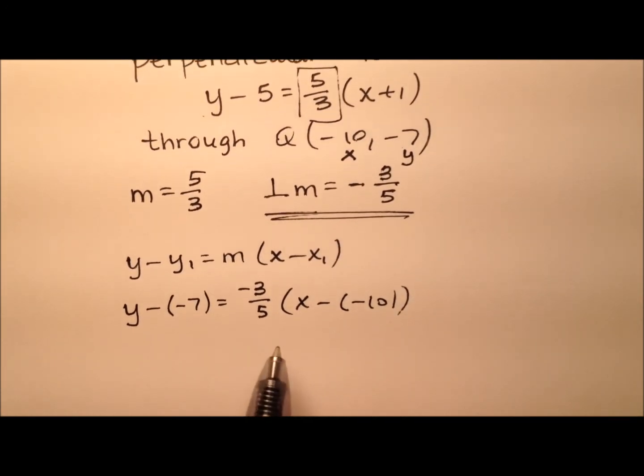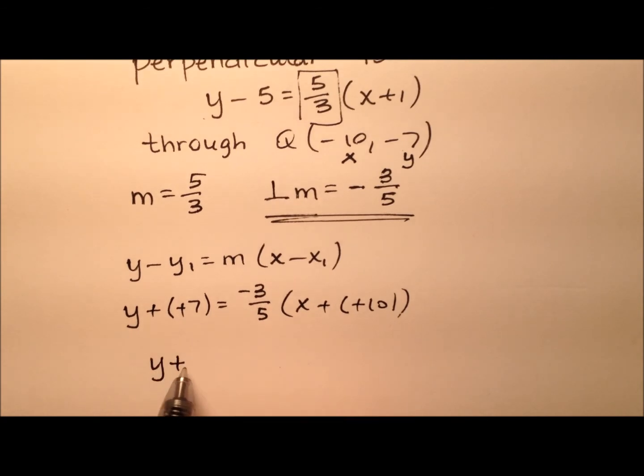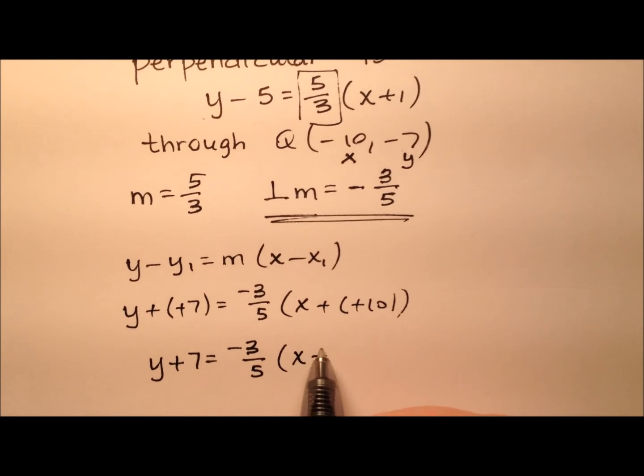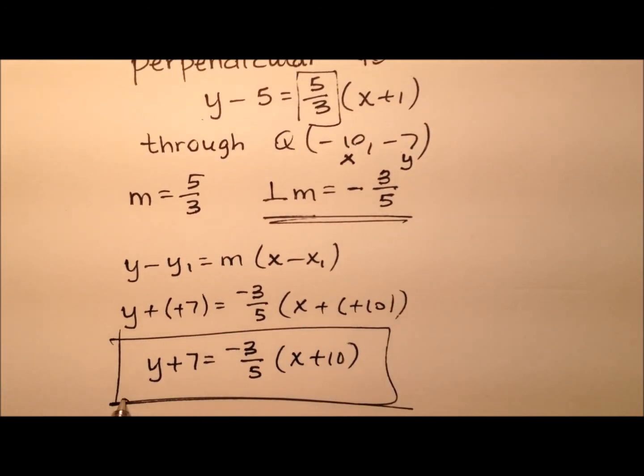With minus and negative, those give us an addition. So y plus 7 equals negative 3/5 times the quantity x plus 10. That's the equation of the line in point-slope form.